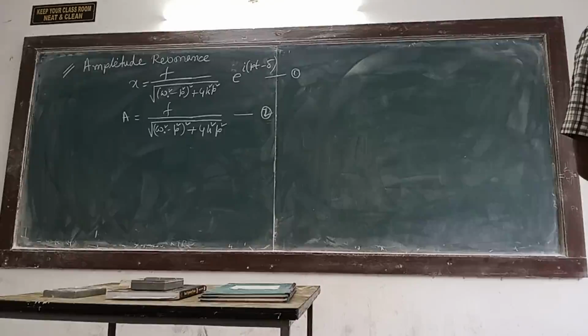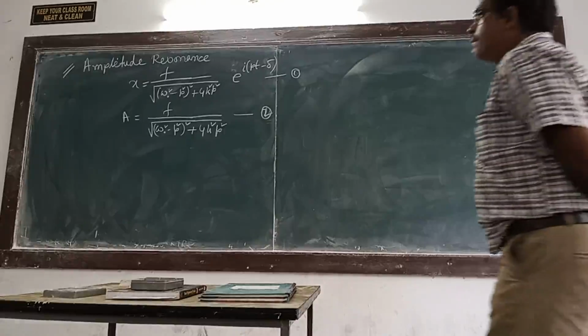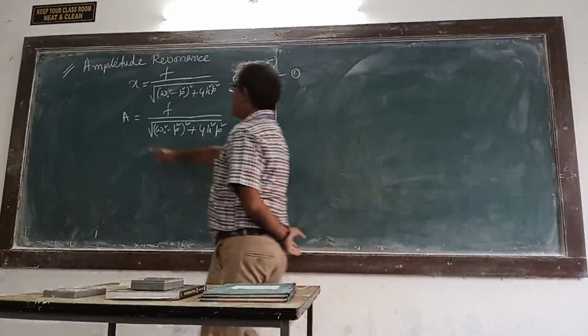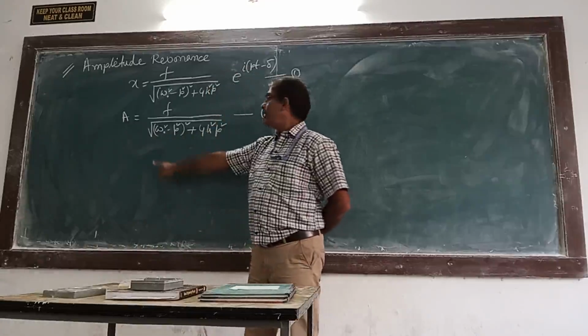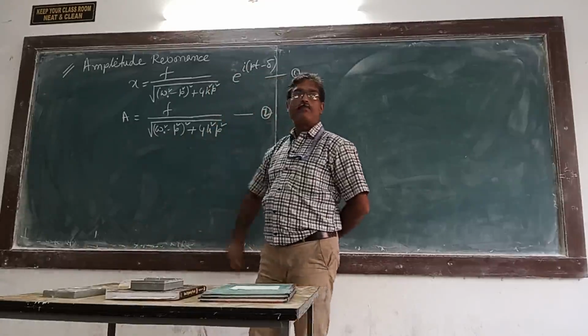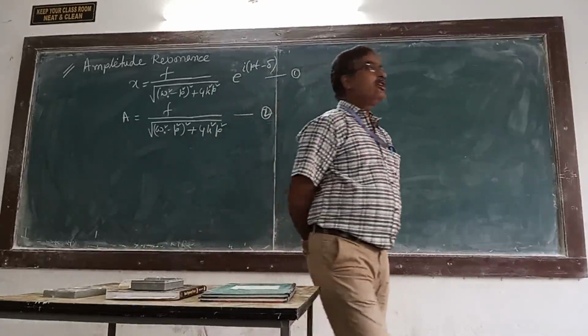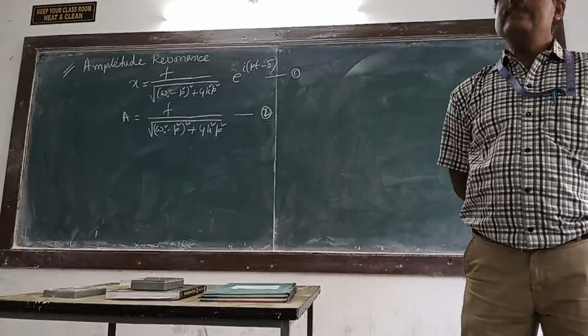This is the amplitude. When A is maximum, the denominator is minimum.